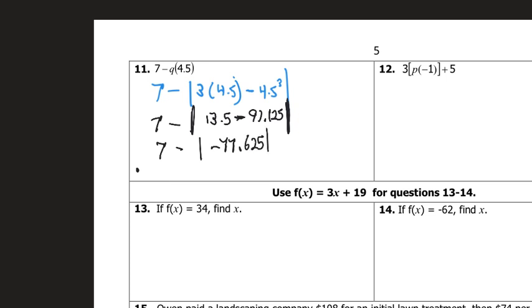Yes, that means that it's going to be 7 minus, and we're just going to put a parenthesis here. Then it's positive 77.625. Okay, and that'll be negative 70.625.